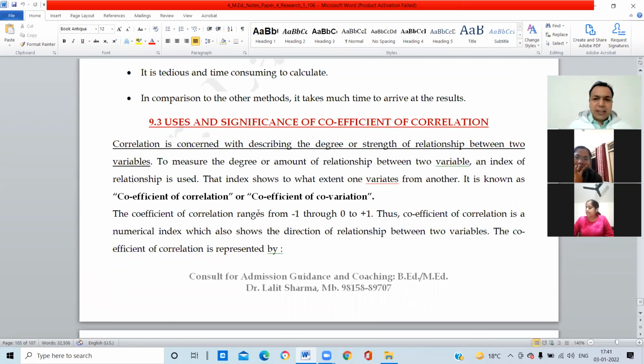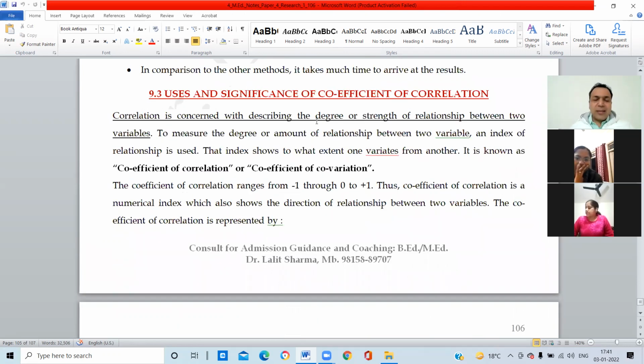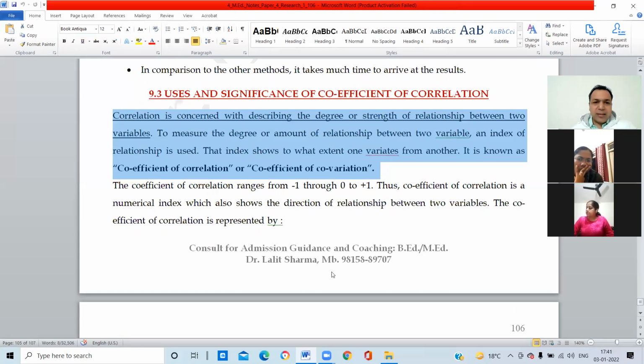Right? Next, we talk about uses and significance of the coefficient of correlation. Correlation is concerned with describing the degree or strength of relationship between two variables. But to measure the degree or amount of relationship between the two variables, an index of relationship is used.